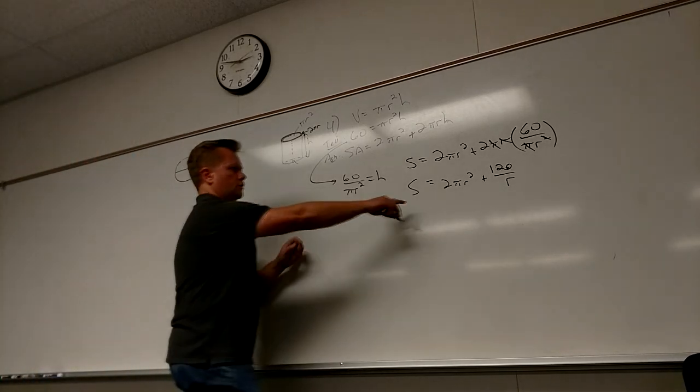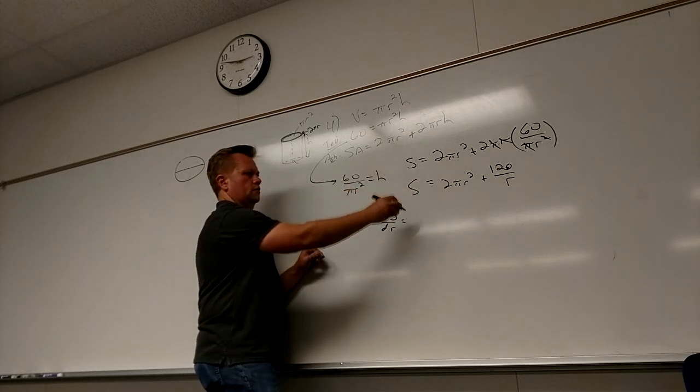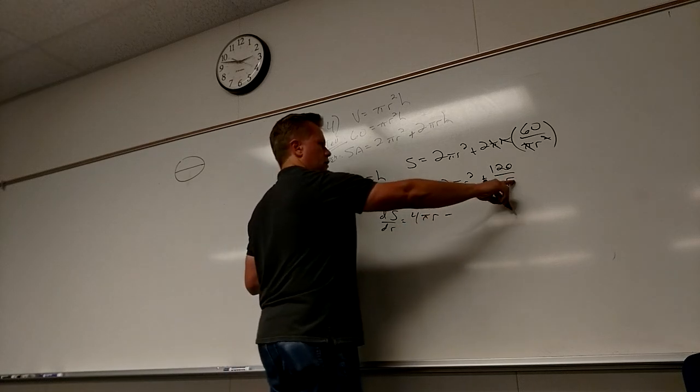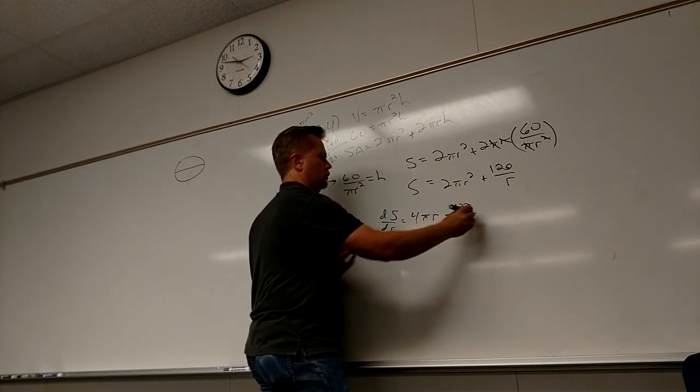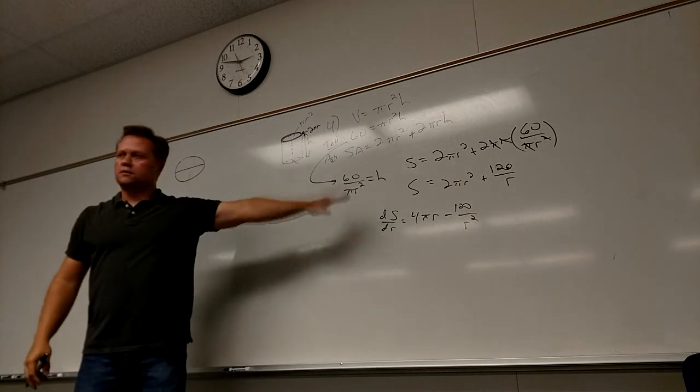Let's do it. What's this guy's derivative with respect to r? 4 pi r? Yeah, this would be r to the negative 1, so it would be minus 120 over r squared. Set that equal to 0 and solve it for me.